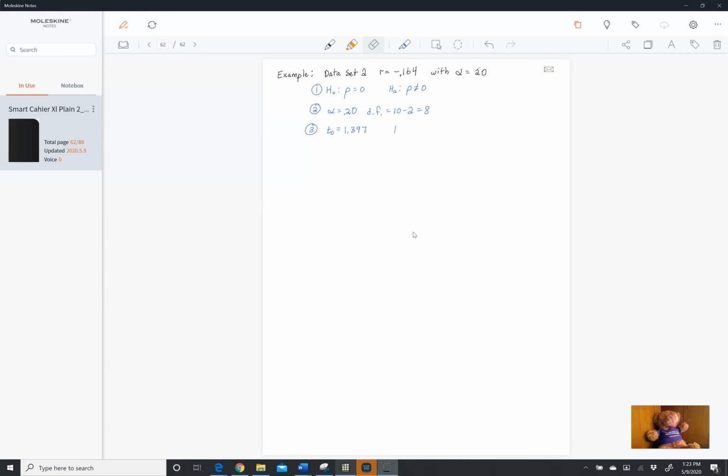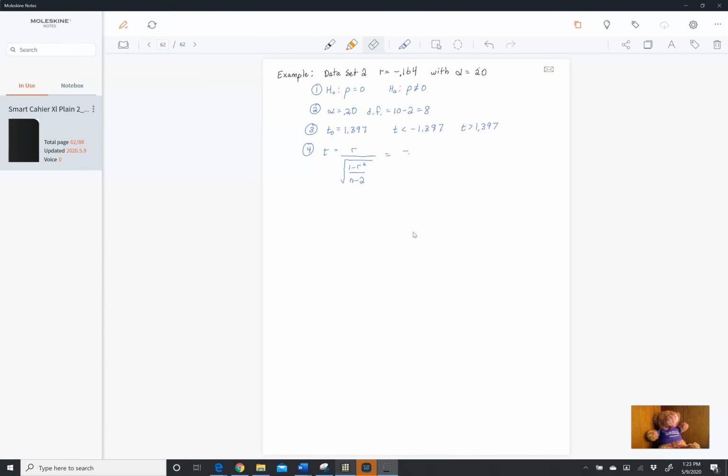So it's a two-tail test. Remember that means that our rejection region is either less than negative 1.397 or greater than positive 1.397, right? Less than the negative, greater than the positive. Now you have to calculate t. t is equal to r over the square root of 1 minus r squared over n minus 2.